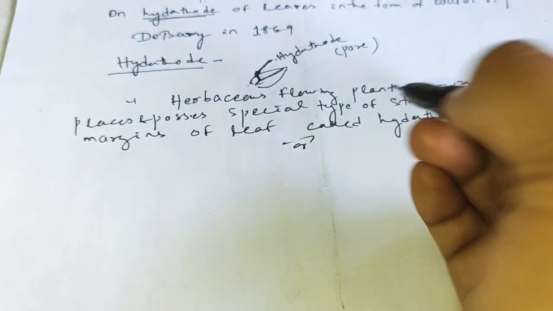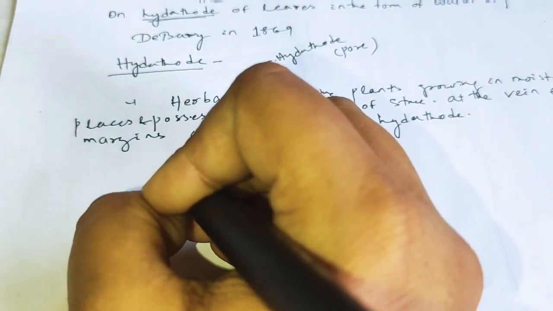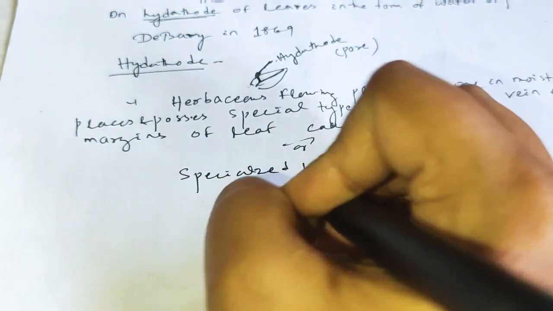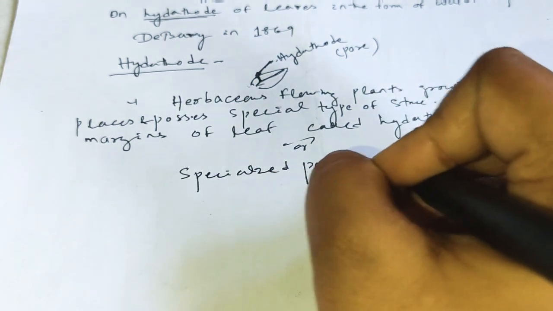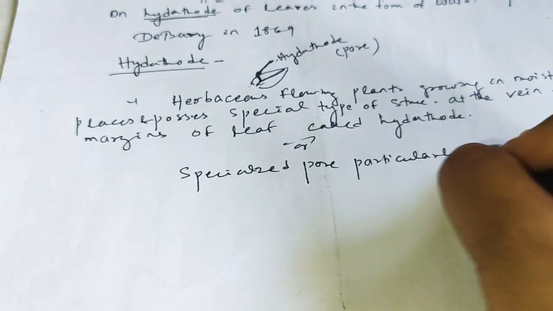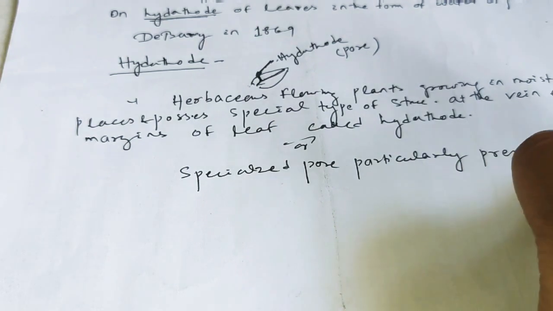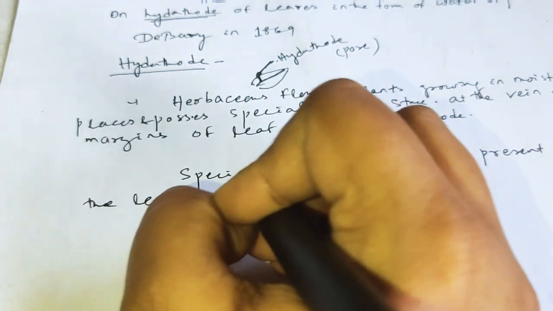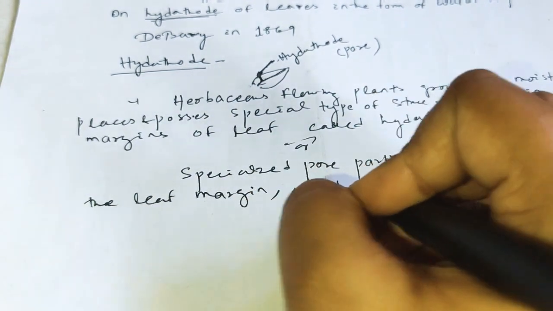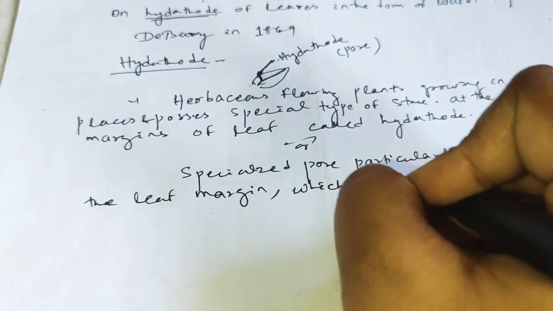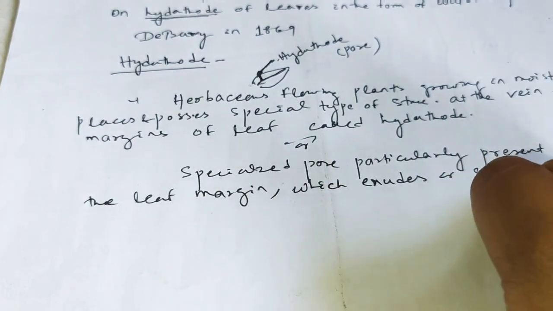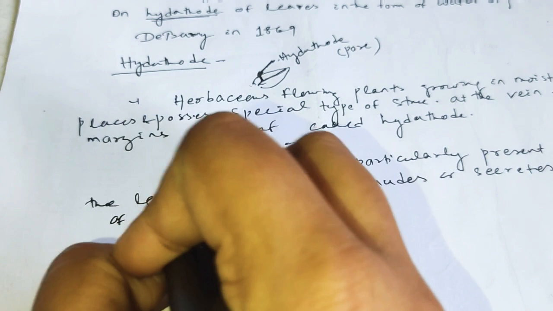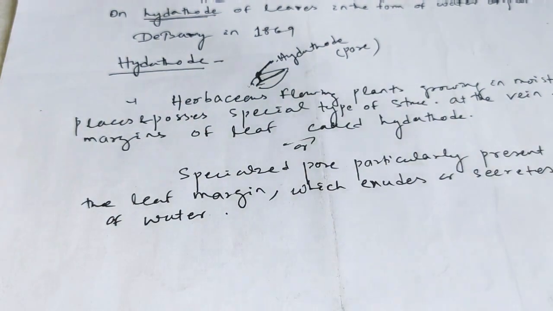Or you can also define it like this: hydatoids are specialized pores, particularly present on the leaf margin, which exude or secrete drops of water. Both definitions are correct.